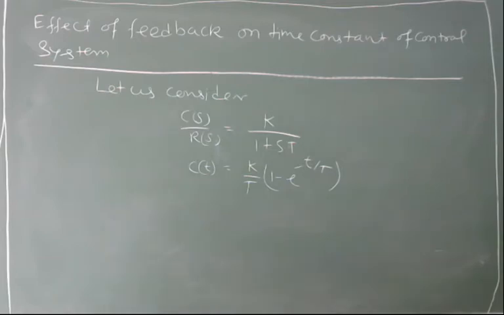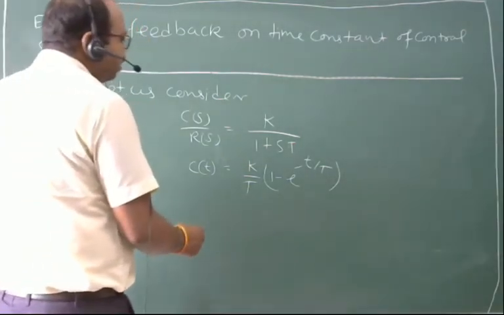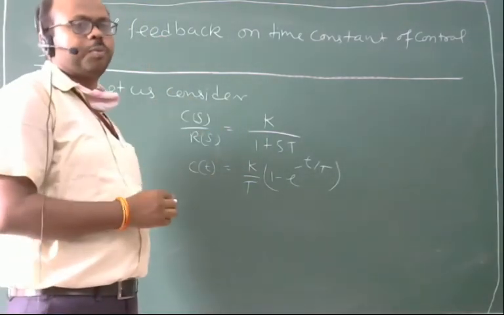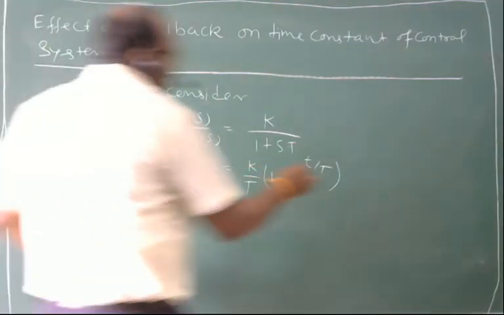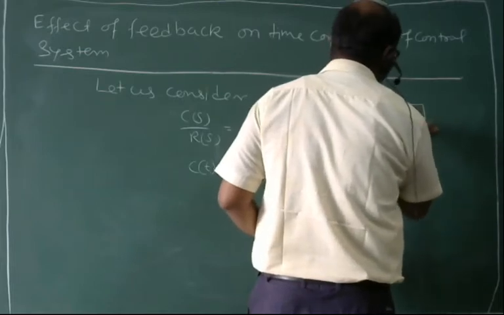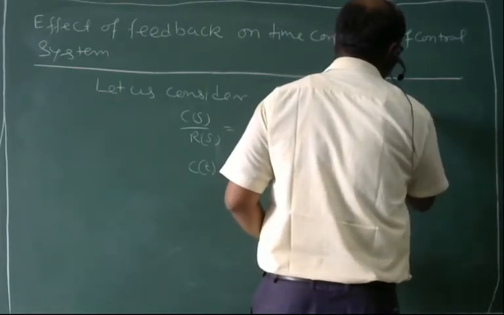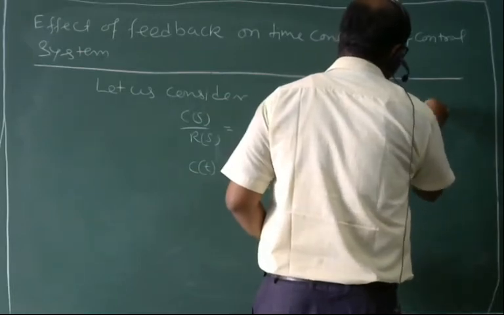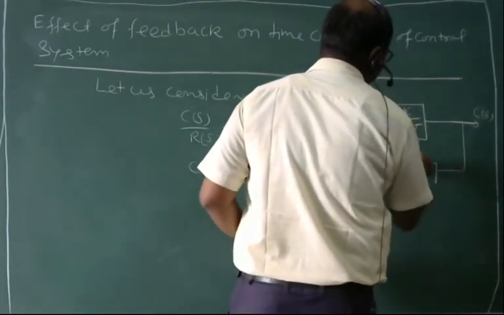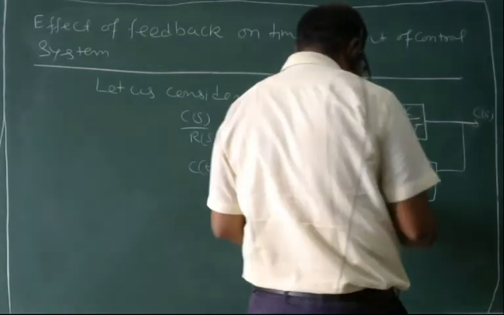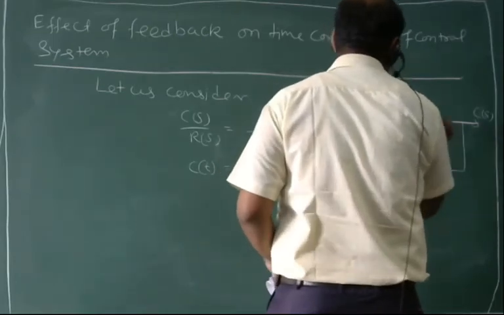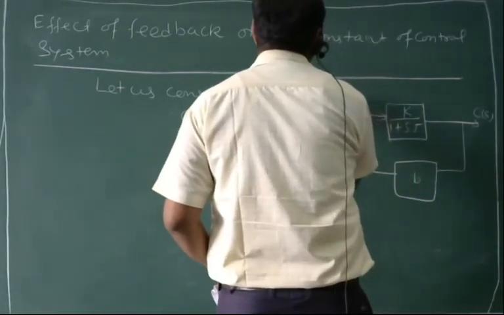This one is for the open loop system. And if I make the system closed loop, the block diagram becomes like this: K divided by 1 plus sT, here we have C(s), and I am taking a feedback B, here R(s).